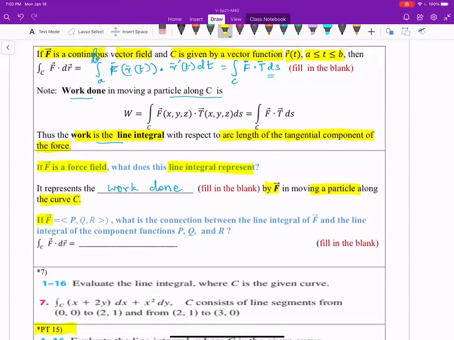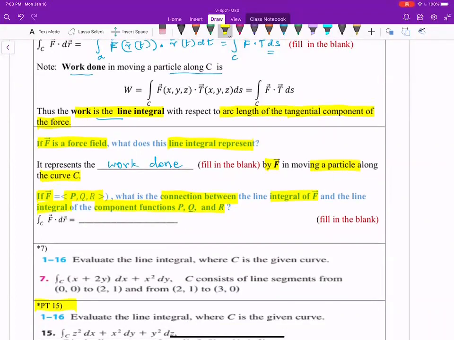If the vector field F has components P, Q, R, the i component, j component, and the k component, what is the connection between the line integral of F and the line integral of the component functions P, Q, and R?